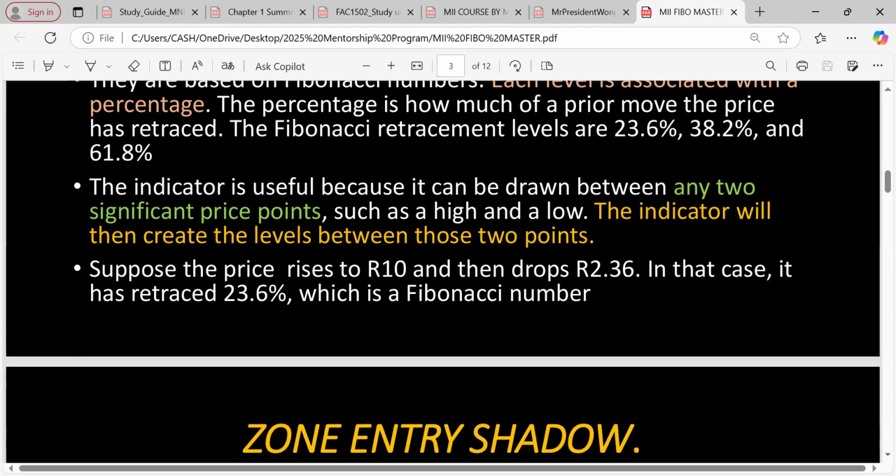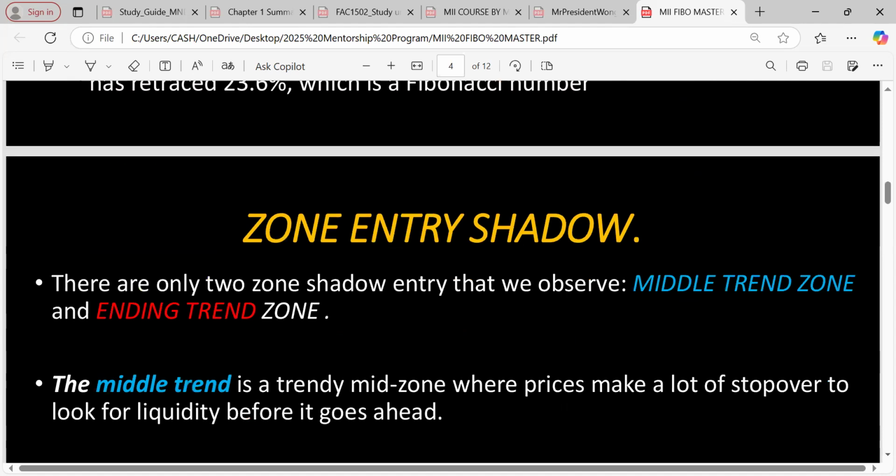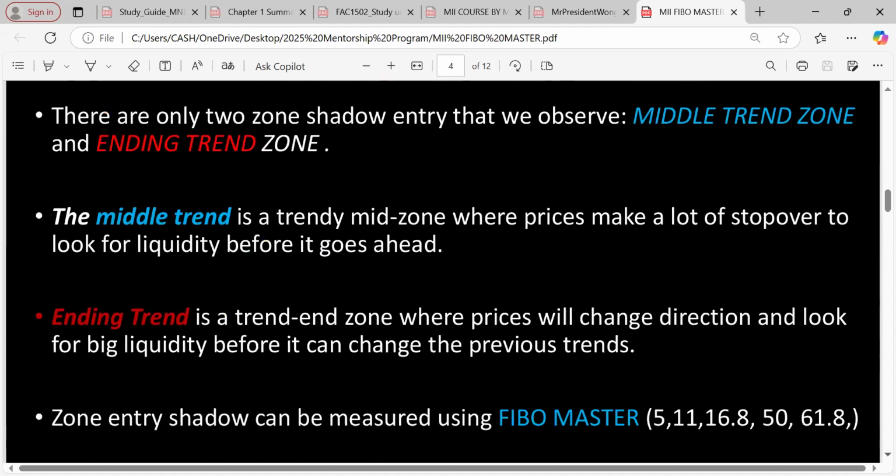In this case, we are talking about an instrument. When we say instrument, we are referring to, number one, currencies, a currency pair. Number two, a commodity, which can be gold, platinum, oil, any commodity that can be traded with the charts.